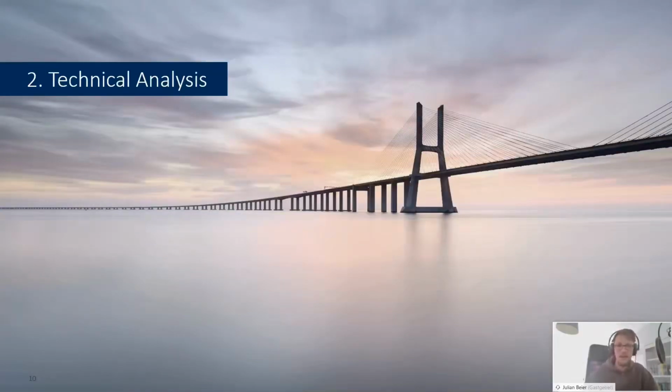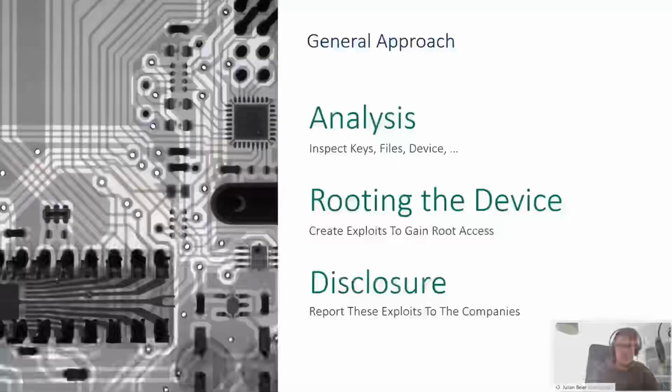Thank you, Lars. Let's start with the technical analysis. So first, our general approach to the technical analysis was basically that we first, as Lars said, looked at the firmware that we downloaded, put it onto the Raspberry Pi, looked at it on the Raspberry Pi, tried to see which services are running, which ports are open, what could we find there.